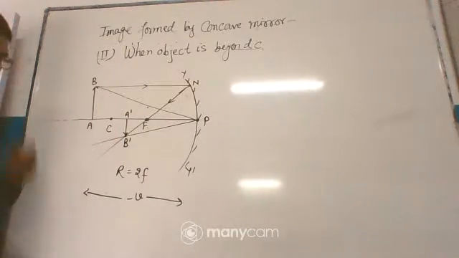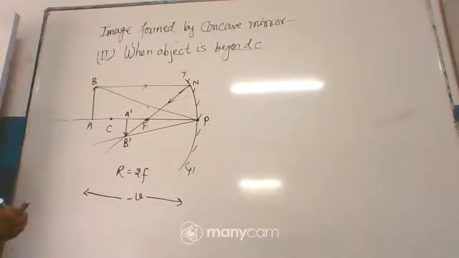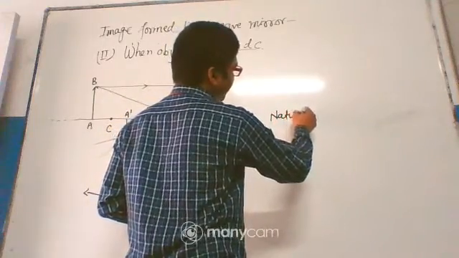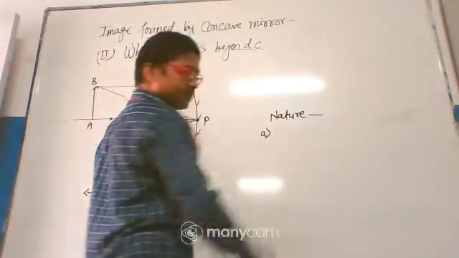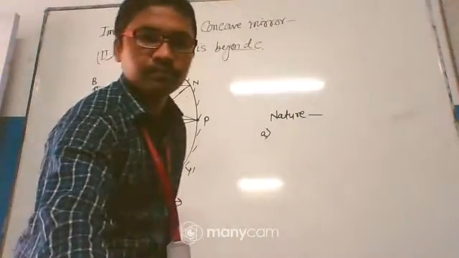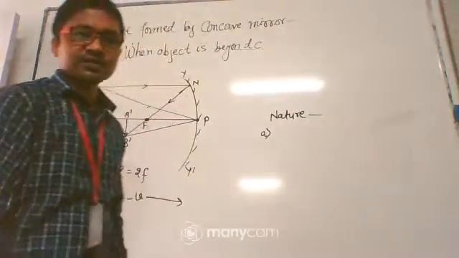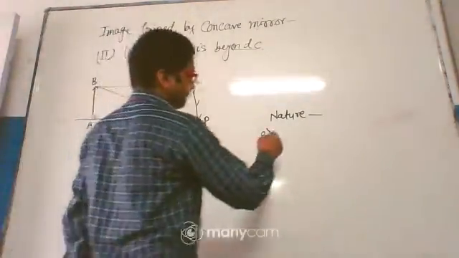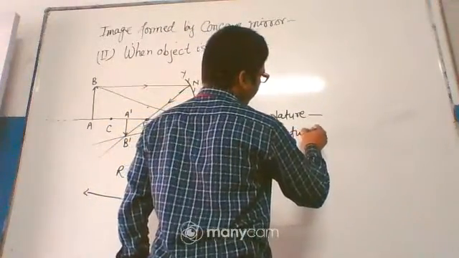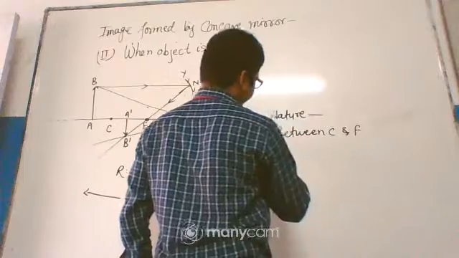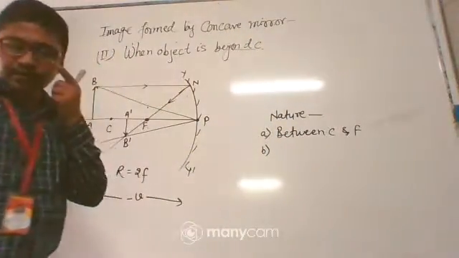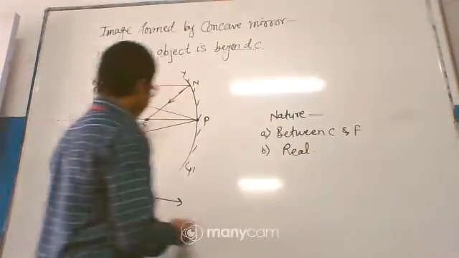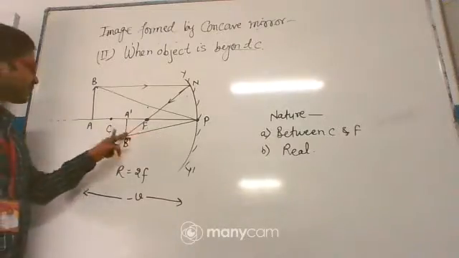So you can write here about the nature of the image. The first nature is the image is between C and F. Second point, this image is real, because the two rays intersect each other in reality at point B dash.